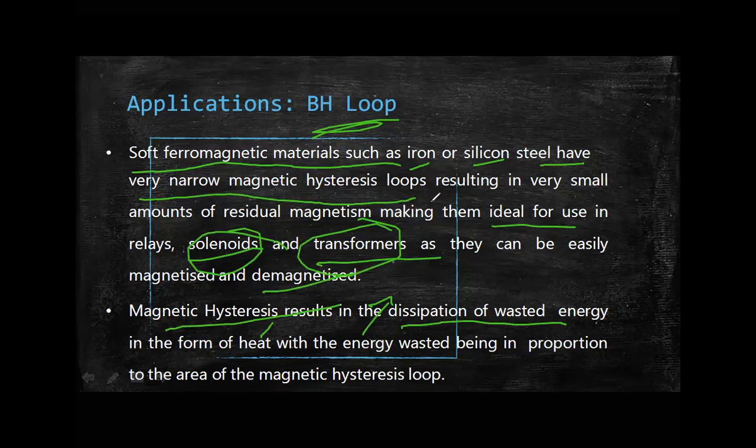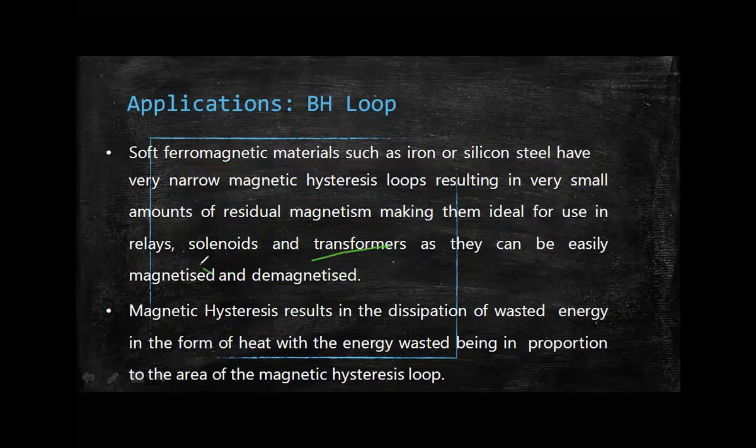So the thing we have to remember: the BH loop is helpful for making solenoids and transformers.